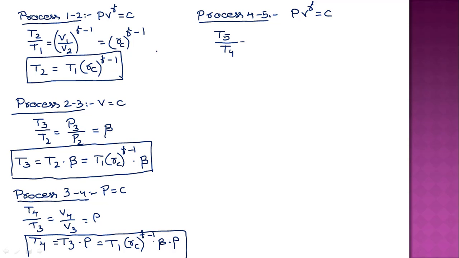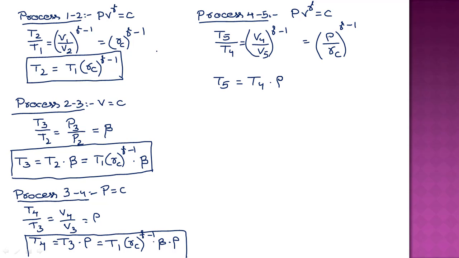V4 by V5 is nothing but rho by RC, as we have seen previously. So rho by RC to the power gamma minus 1 we can write. So from this, T5 is equal to T4 into rho power gamma minus 1 by RC power gamma minus 1.